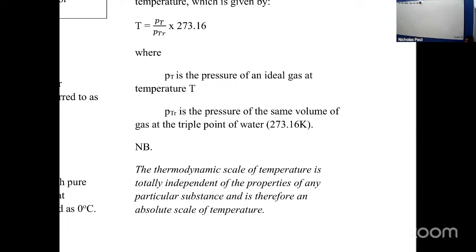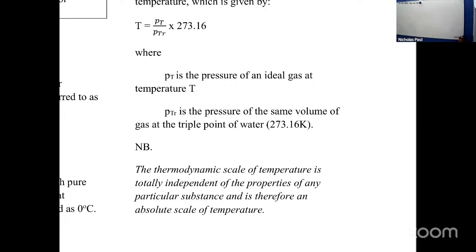How much did you all get? Hey, Joseph, where are you going? Go ahead, tell me the answer. How much did you get? 5.9.